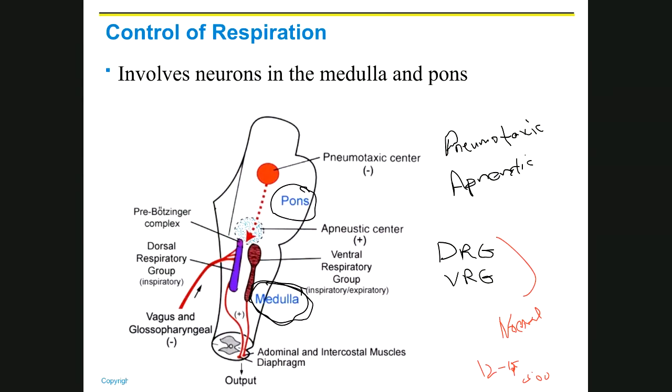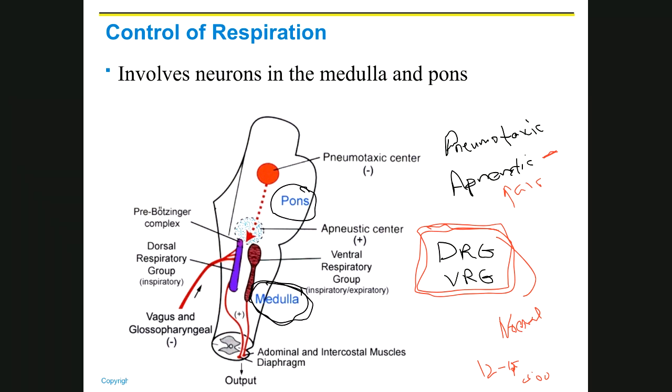But sometimes we need more air. And the one that makes us have a bigger breath, a deeper breath, is called the apneustic center, so that we get more air. Sometimes we don't need as much air. We just finished exercising. We don't need to keep breathing hard. That's the pneumotaxic center.